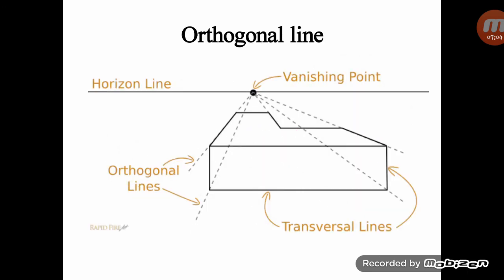Orthogonal lines means parallel lines. It is the line you draw from the corner of an object to the vanishing point.